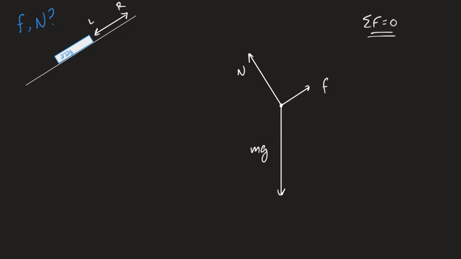However, and I'm trying not to make a big deal about this, but you should make a big deal about this in your notes. Friction and normal have to be perpendicular to each other. They have to be.